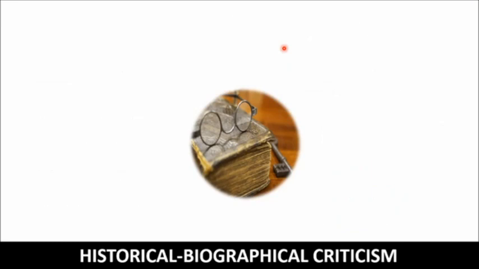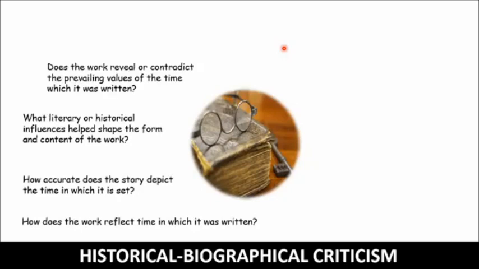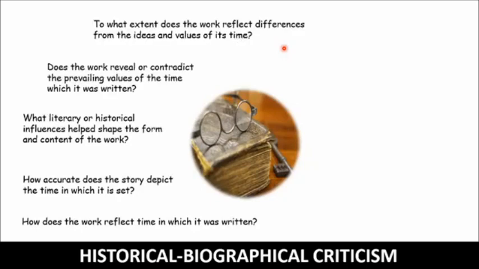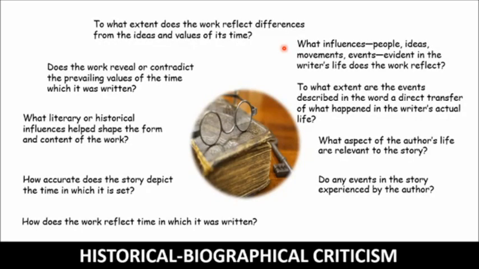And more or less, when analyzing a literary piece, you have to consider these strategies or guide questions for you to come up with your analysis paper. So more or less, you would ask the question, how does the work reflect the time in which it was written? How accurately does the story depict the time in which it is set?